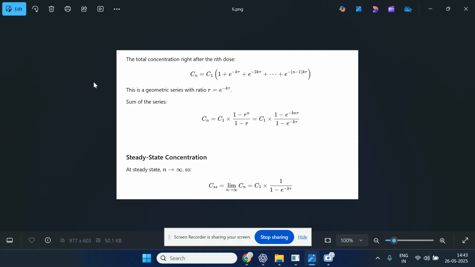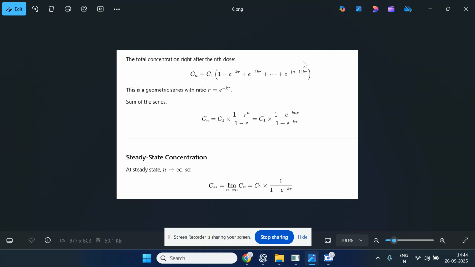So if you sum up all the drug present in the body and take C1 common, you will get the total amount of drug at that time: Cn equals C1 into 1 plus e to the power minus kT plus e to the power minus 2kT plus and so on, up to e to the power minus n minus 1 into kT.